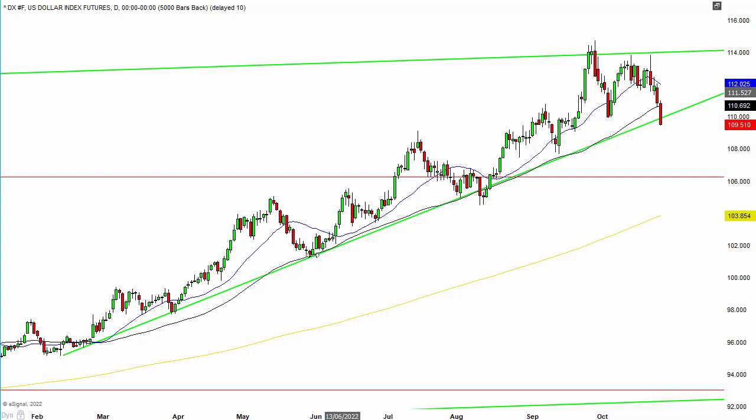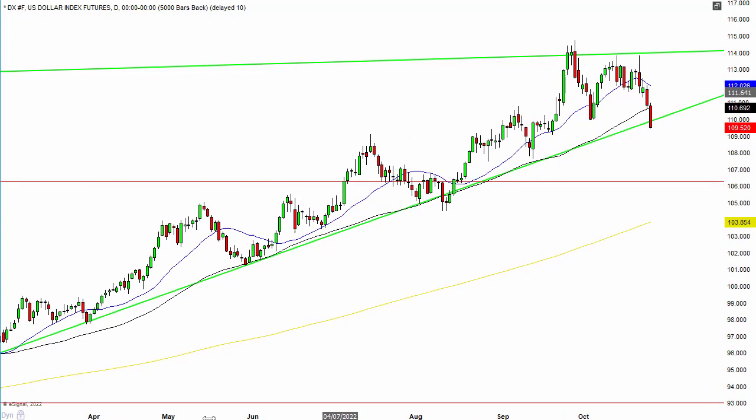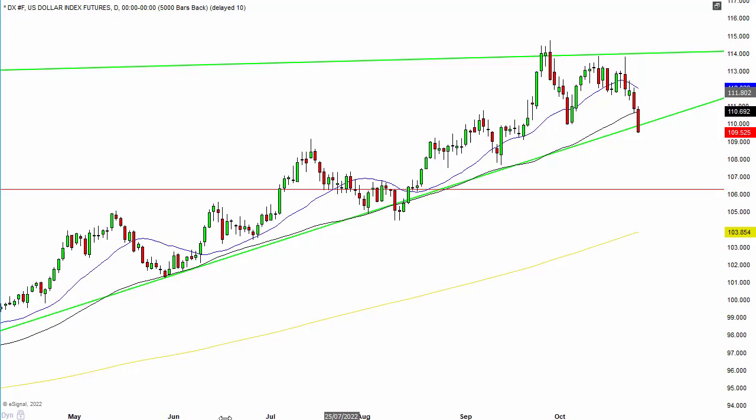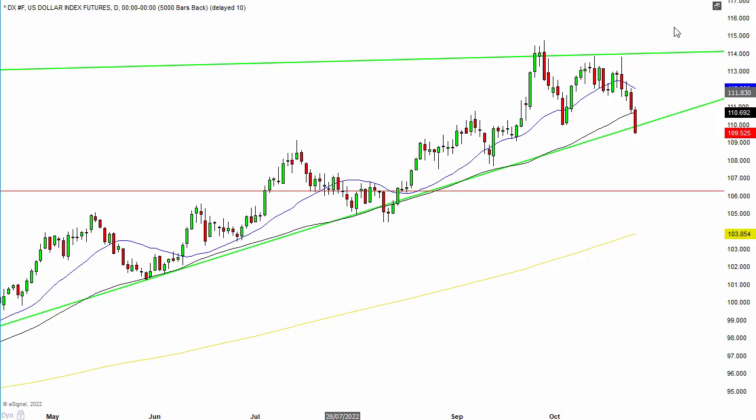It's pretty much been tracking above that 50-day moving average for much of this year. And now, as of today, it has broken out and it's going to be closing below that 50-day moving average unless something major happens in the next few hours, since I'm recording this in the early evening.